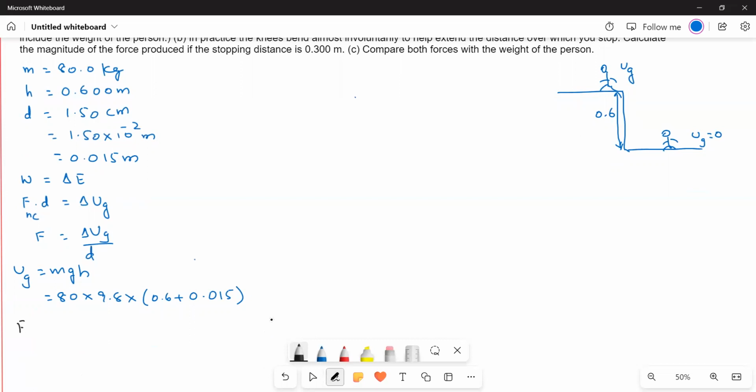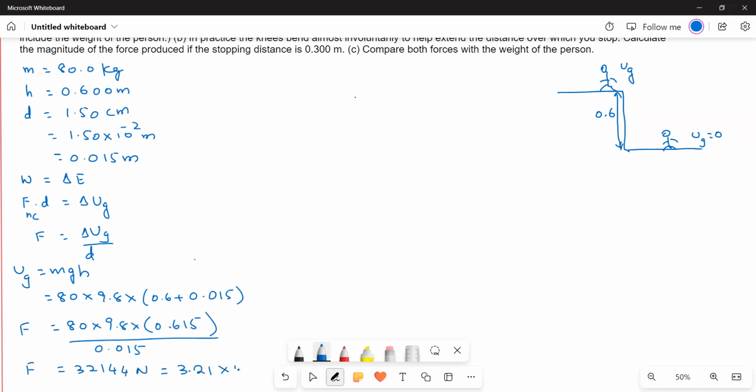So F is equal to 80 times 9.8 times 0.615 divided by D, that is 0.015. This gives the F value as 32,144 newtons. That is equal to 3.21 times 10 to the power of 4 newtons.